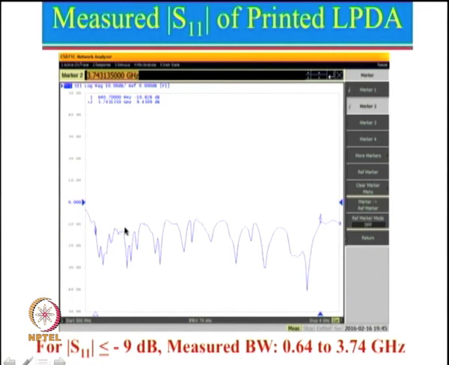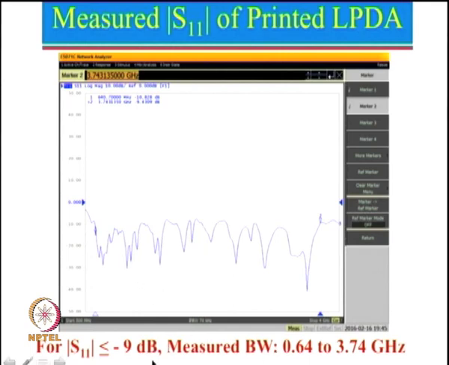This line here, which is not very properly visible, is about minus 10 dB. One can notice that in between it has slightly crossed the minus 10 dB line. So, we have defined S11 less than minus 9 dB. Minus 9 dB corresponds to a VSWR of approximately 2.1, which is acceptable for a very large band antenna.